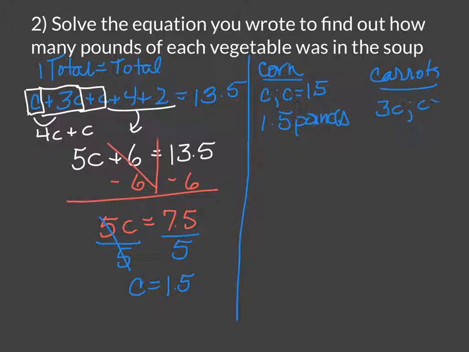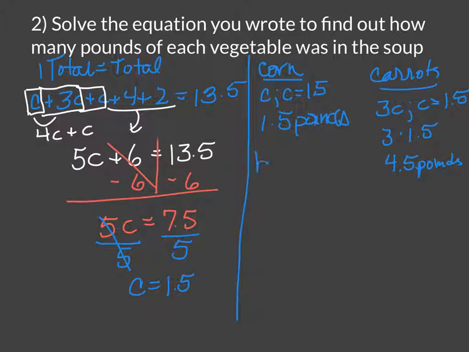I know that C equals 1.5. 3 times 1.5. Well, 3 times 1 is 3. 3 times 0.5, or 1/2, is going to be 1.5. So that's going to give me 4.5 pounds of carrots.